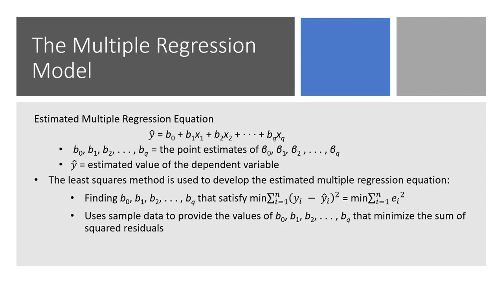And so we can use the least squares method to develop that estimated multiple linear regression equation, finding the combination of our different b values that will satisfy our expectation to minimize the sum of squares. And so we're going to use our sample data to provide our values of b0, b1, b2, b3, and however many, so that we can minimize the sum of our squared residuals.